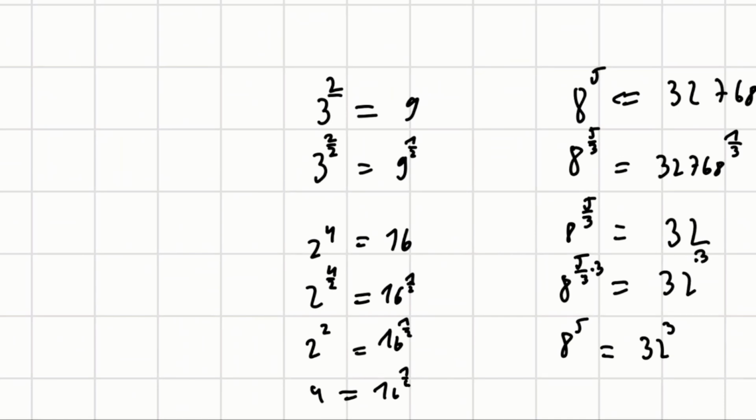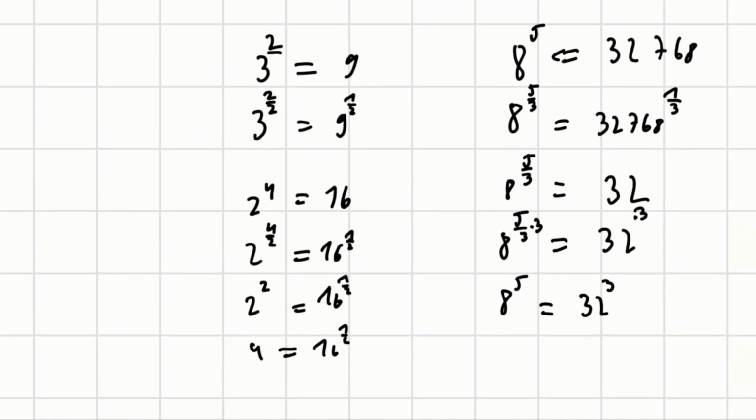And since we have to do the same operation on this side, this gives us that the root of 9 is equal to 3. So this is the definition of the square root. I think the idea behind it is clear.